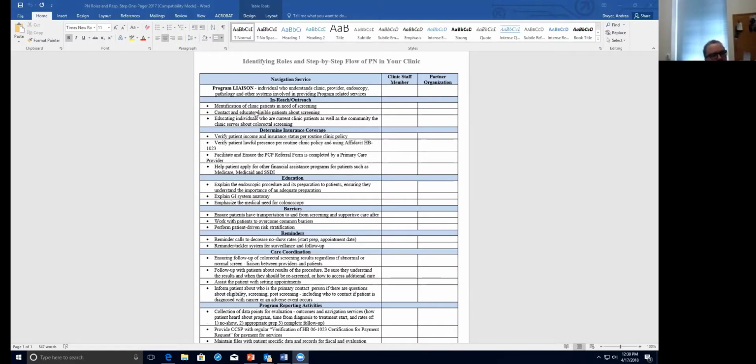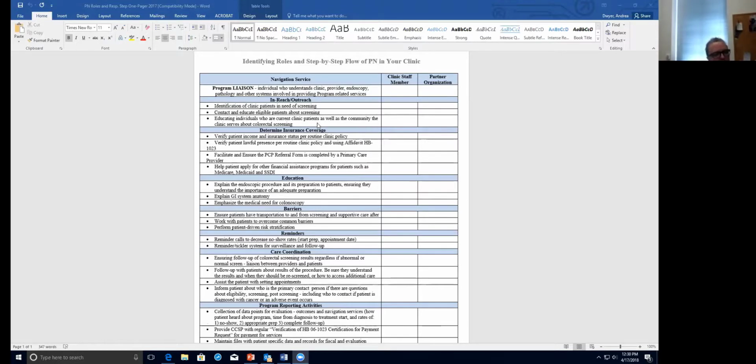And so within our CCSP training itself, we go through a much more robust discussion about the role of the navigator, go into all of the areas around care coordination, communication, and very specific case studies around reminders, barriers, and the like. But after going through that detailed approach, we spend time within our training to have the navigator, typically with other navigators, really see this step-by-step piece.